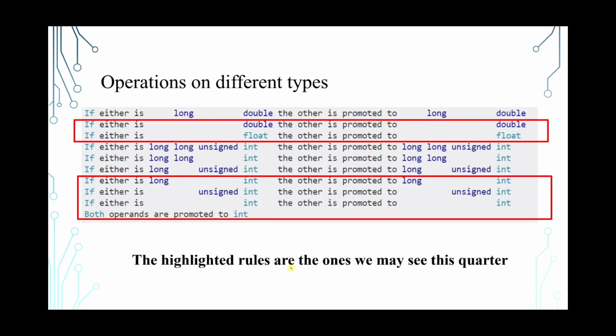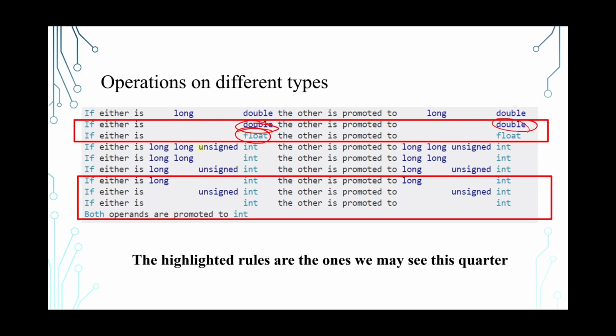So operations on different types are going to give some promotions. I'm going to focus on the highlighted rules, because those are the ones you may see in this course. So if either type is double, the other is promoted to double.